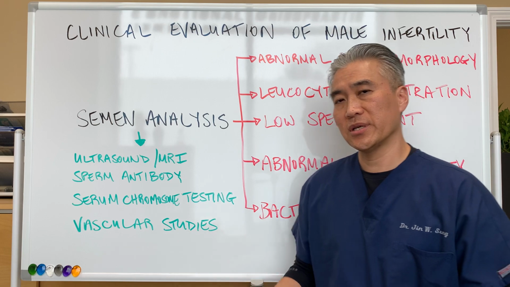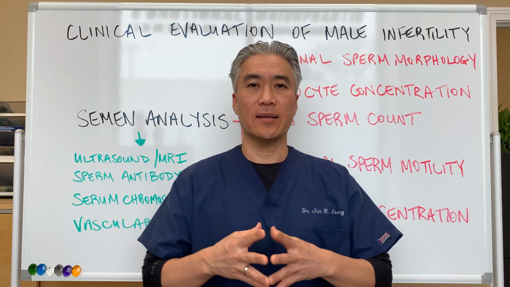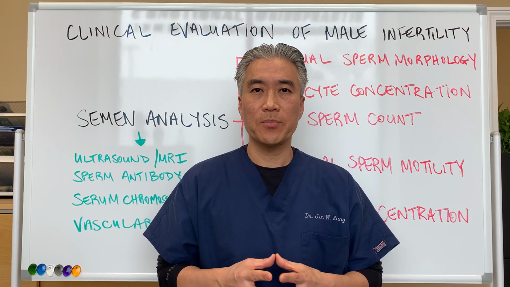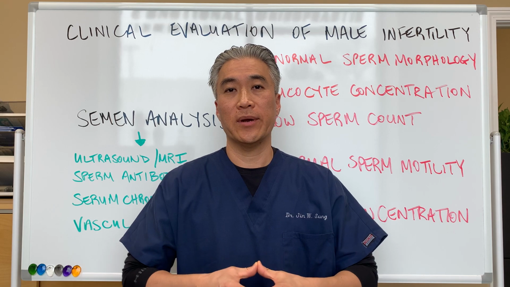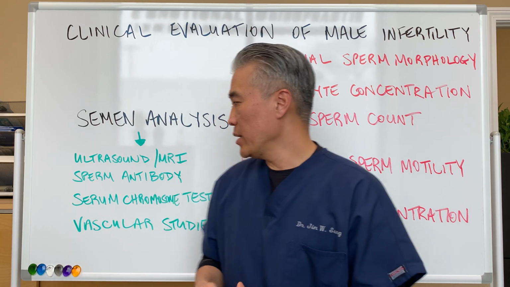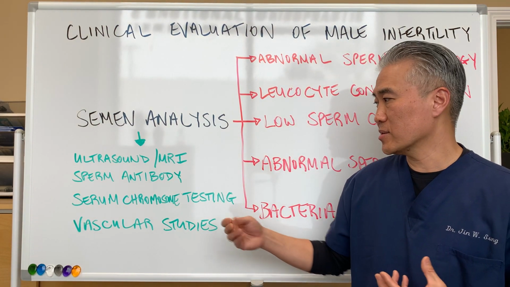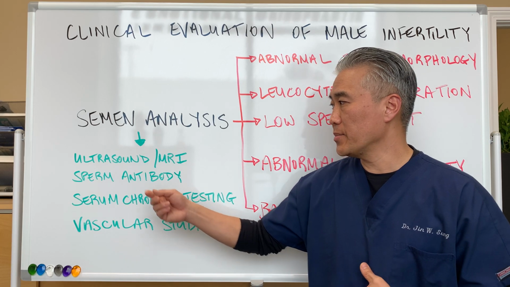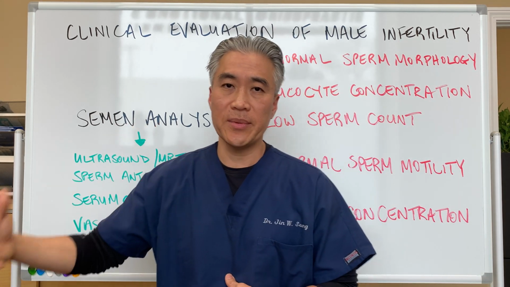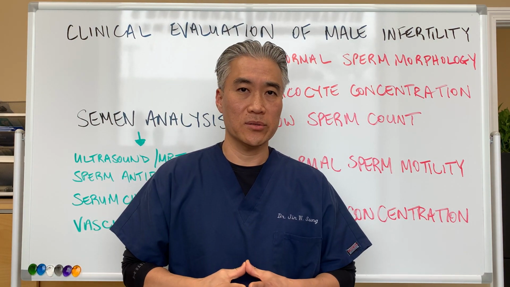And then vascular studies: poor blood flow, things like diabetes, anemias, things that prevent blood flow from getting to where it needs to get to are problematic in the production of sperm. So you can do vascular studies, serum chromosomal testing, sperm antibodies, ultrasound and MRIs, and then a semen analysis to look at motility, bacteria, white blood cells, etc.